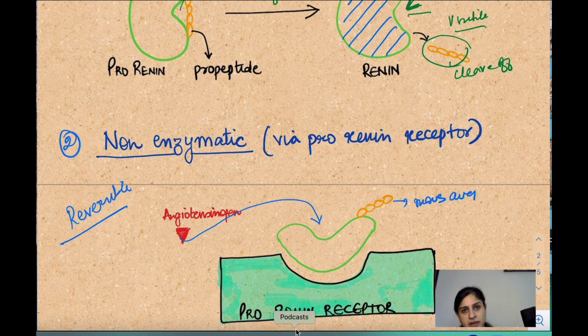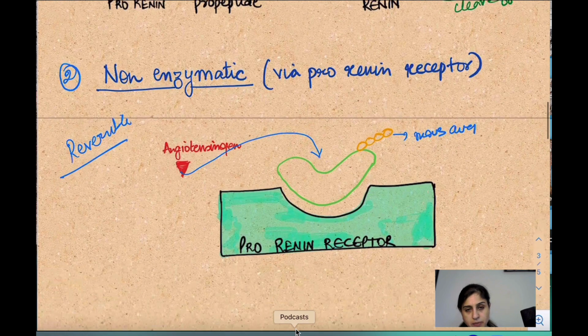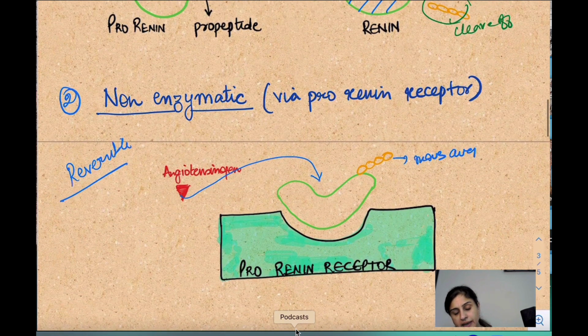So if an enzyme is involved that causes breaking of this chain, that is an irreversible process. And the reversible one is when it attaches to the prorenin receptor, there's some conformational change or activation of this particular prorenin, so that this will open up, and now this site is open for angiotensinogen to come and attach.